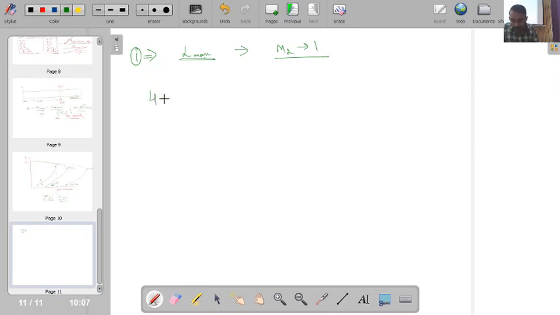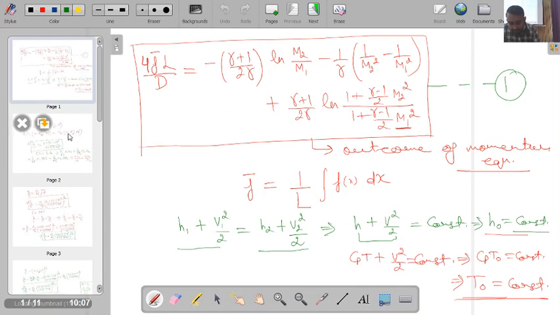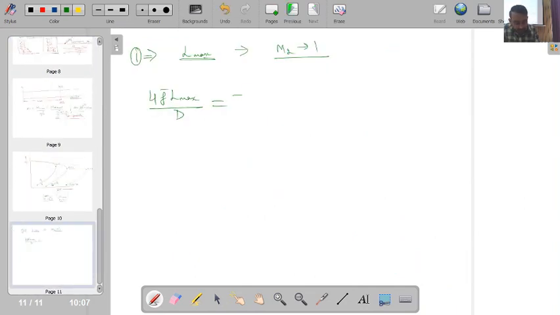So I will get 4 F bar Lmax by D, that will be equal to minus of gamma plus 1 by 2 gamma, and this will become ln of M2, which will become now 1, because we are considering the limiting situation, so 1 by M1.